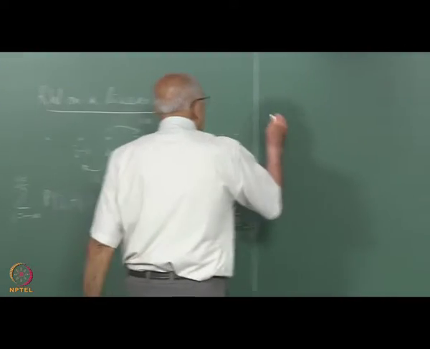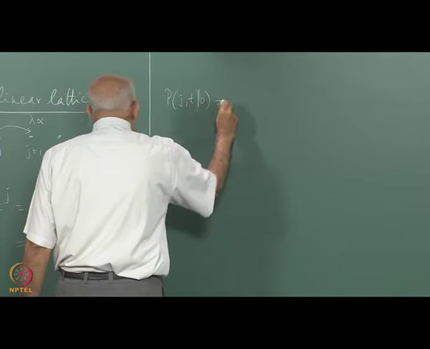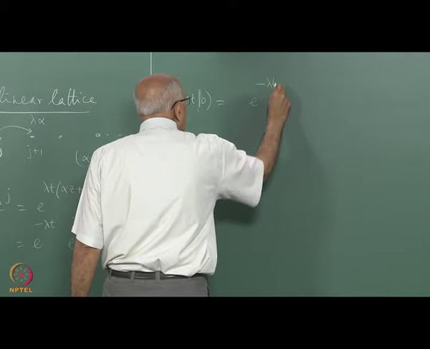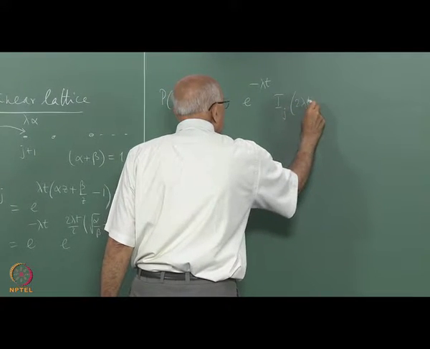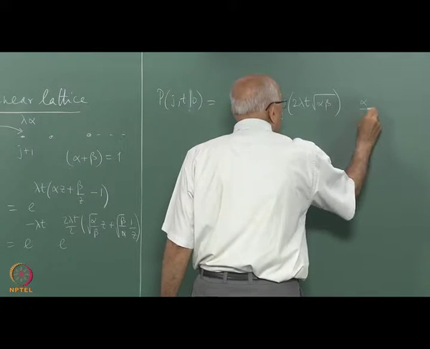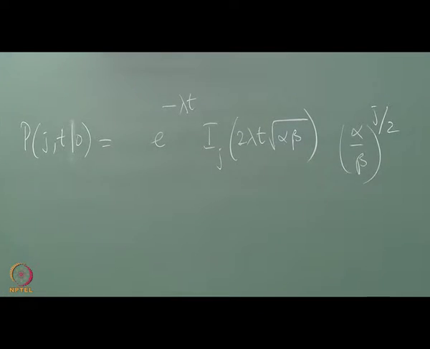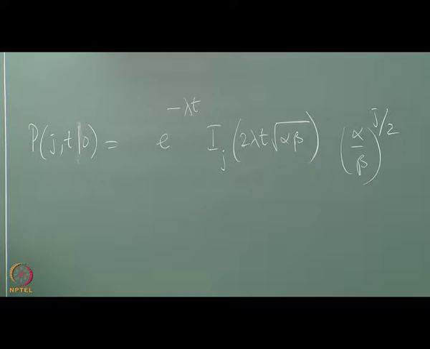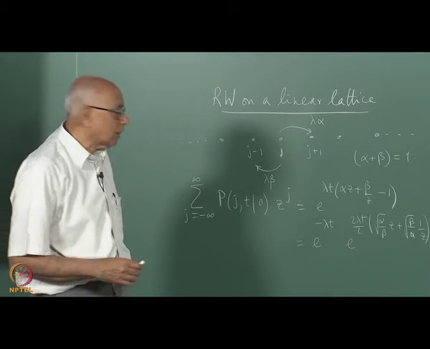So this immediately gave us the solution P of j comma t starting from the origin to be equal to e to the minus lambda t, and then a Bessel function I_j of 2 lambda t times square root of alpha beta, and then there was this factor square root of alpha over beta to the power j, or this to the power j over 2. So that was the explicit solution for this probability. Now from this we can read off all the moments, etc., and interpret them in some sense.